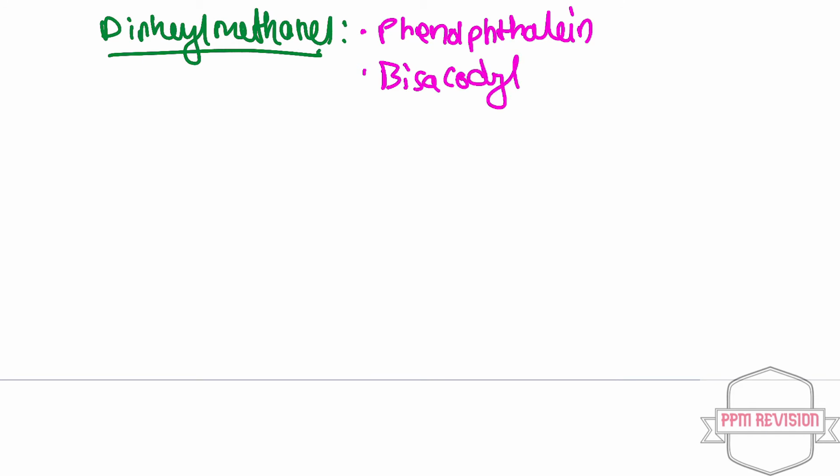Now covering it individually, we had looked at diphenyl methanes. So under this there is phenolphthalein, there is bisacodyl, then there's sodium picosulfate.